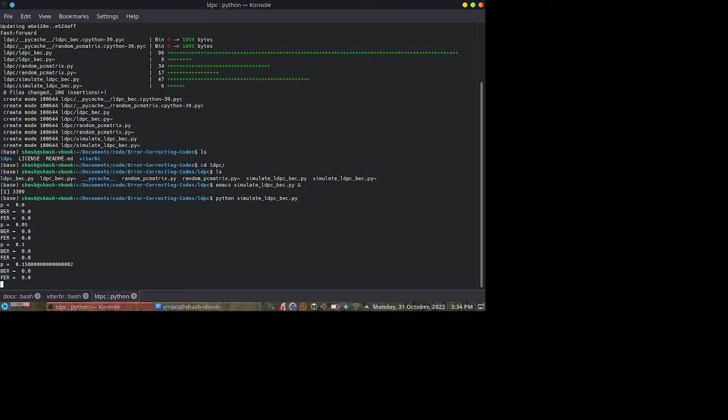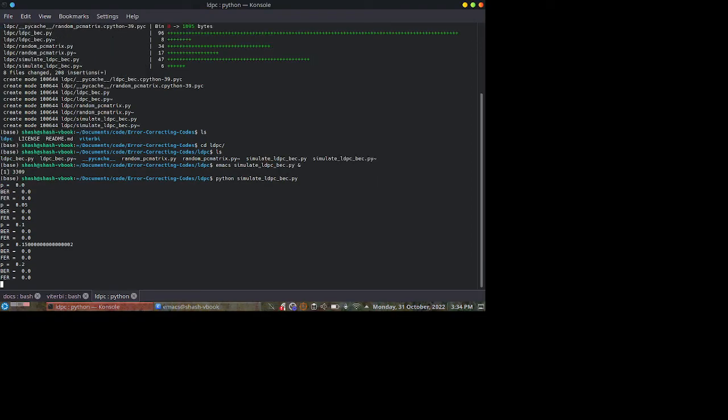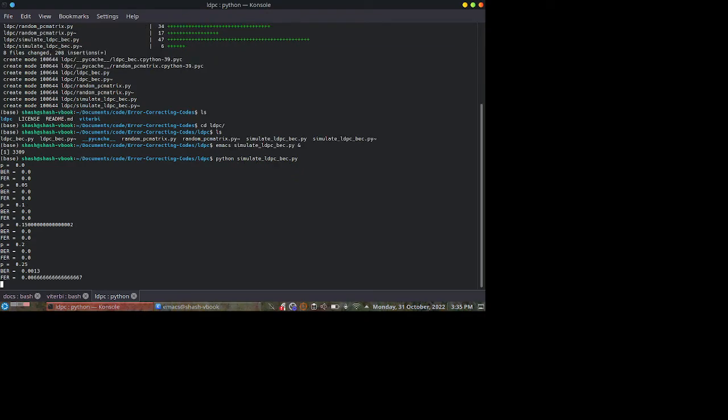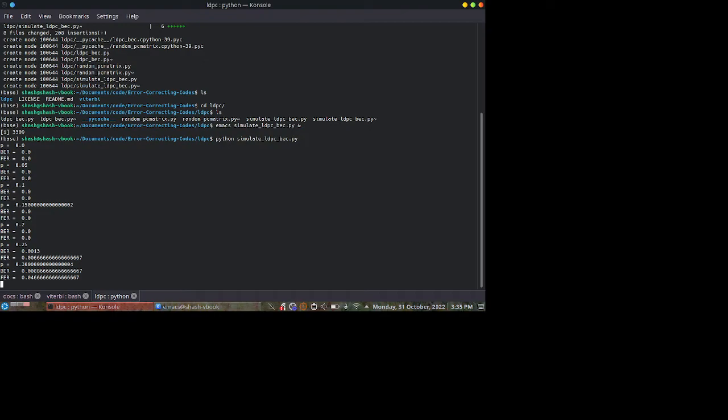For small erasure probabilities, it turns out that both the bit error rate and frame error rate are pretty small. But as you keep increasing the erasure probability, from 0.25 onwards, it increases slightly.